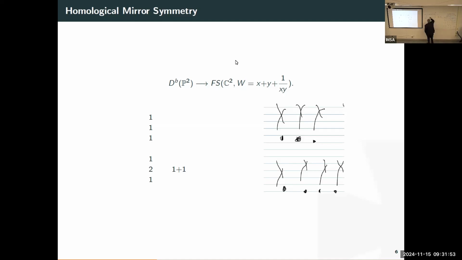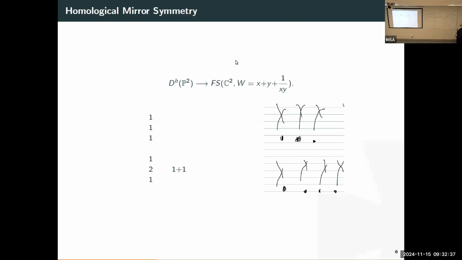And not surprisingly, the corresponding Landau-Ginzburg model should look as we have 9 triples, and they indeed correspond to these exceptional objects.